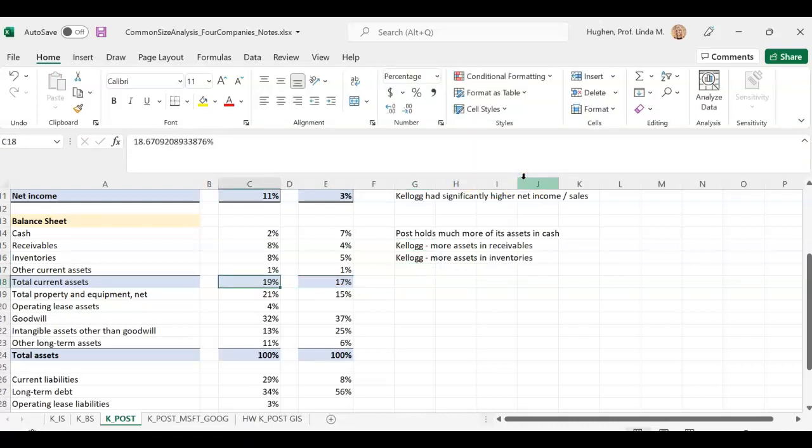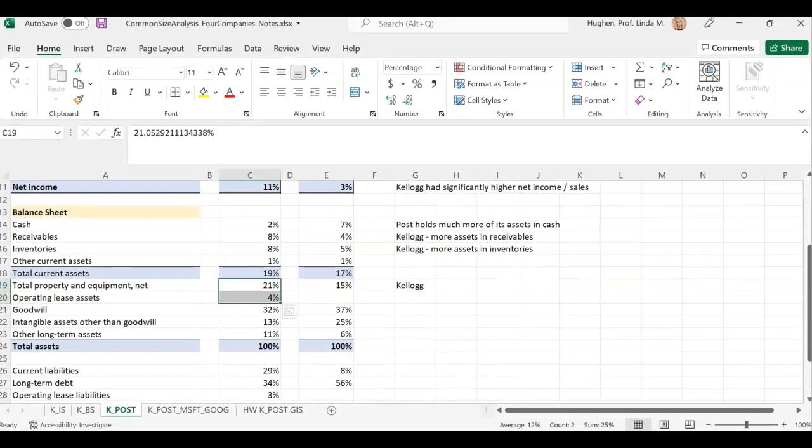That net effect of current assets, that's just 2% higher for Kellogg as compared to Post. You see Kellogg has quite a bit more of its assets invested in plant, property, and equipment. We can add the operating lease to the plant, property, and equipment because we don't see any operating leases for Post. And so we can see that this amount here, 25% compared to Post's 15%.